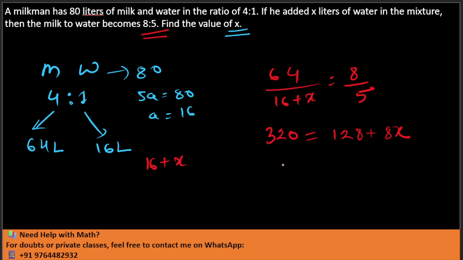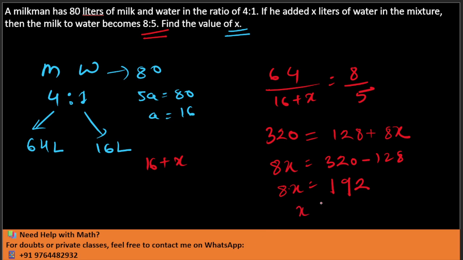So 8x will be 320 minus 128. So 8x is equal to, okay, so 320 minus 128. Okay, so it will be 192.